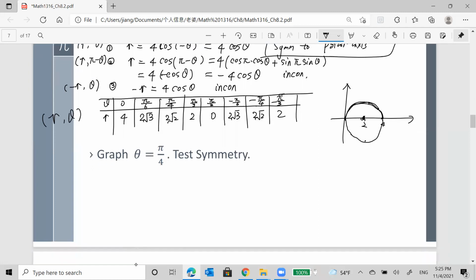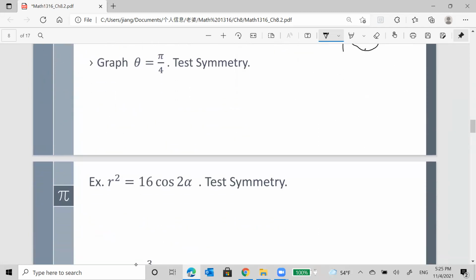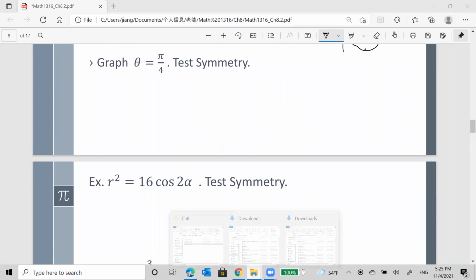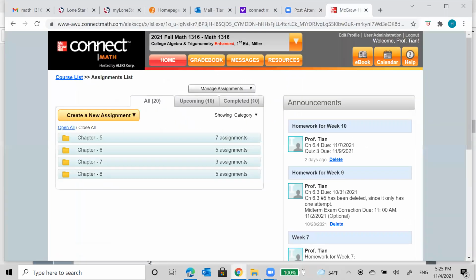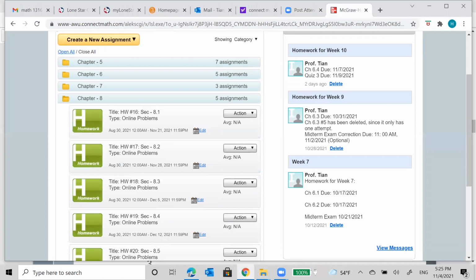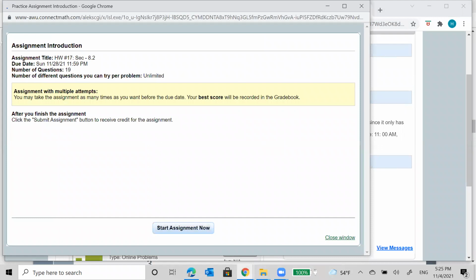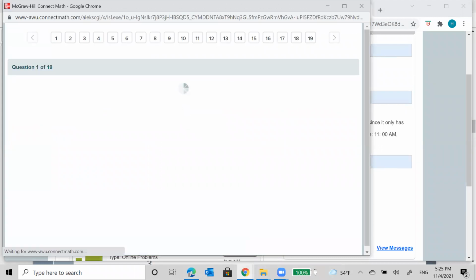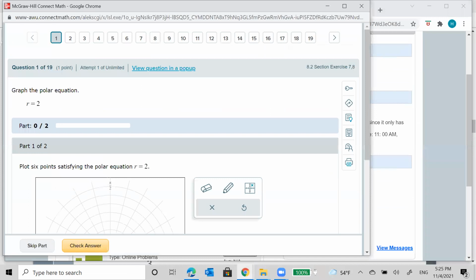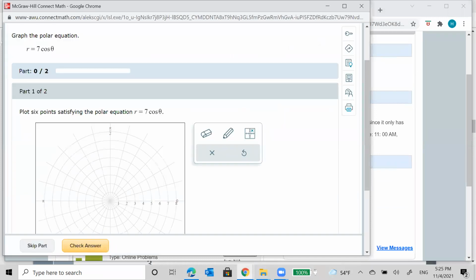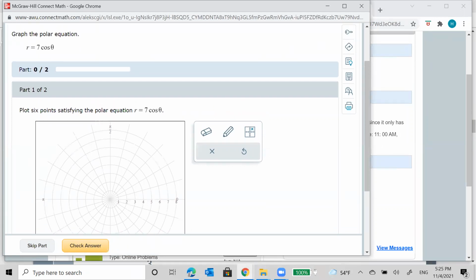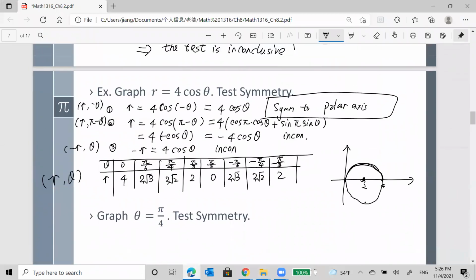Okay, let's move on. If I have time, I think I can do an example. Let's see if I have a similar question. Oh, I think this one is a good one. It's very similar.